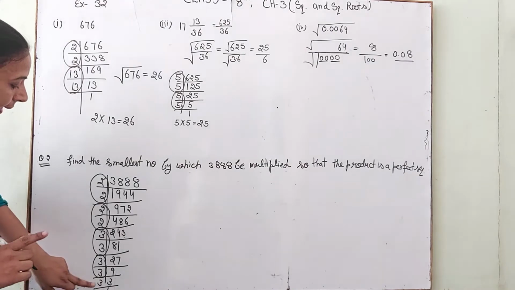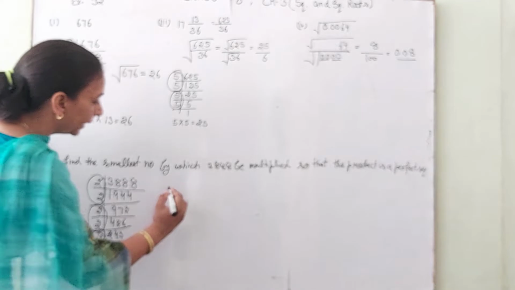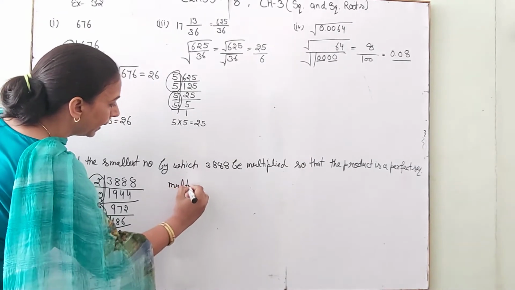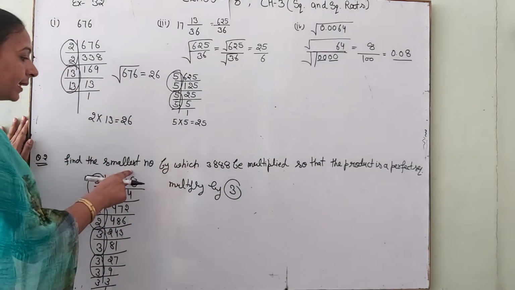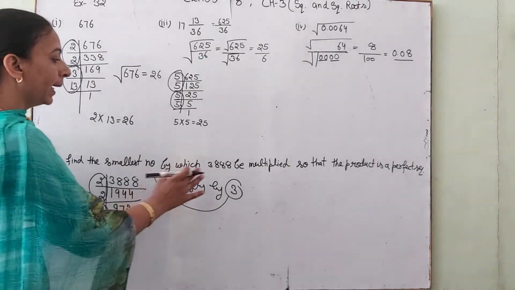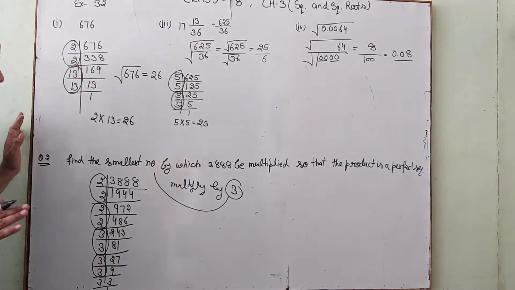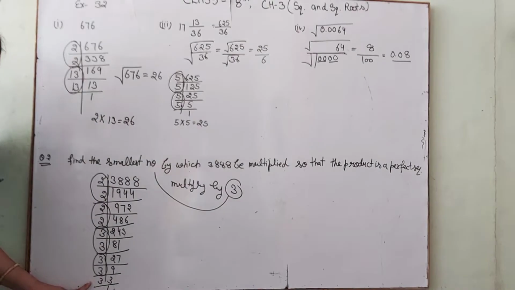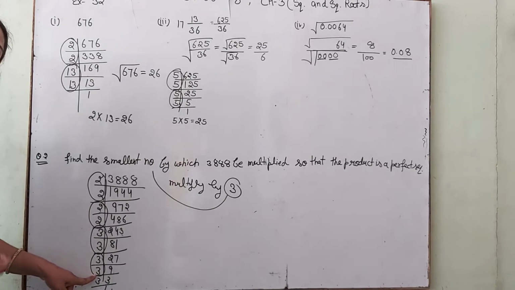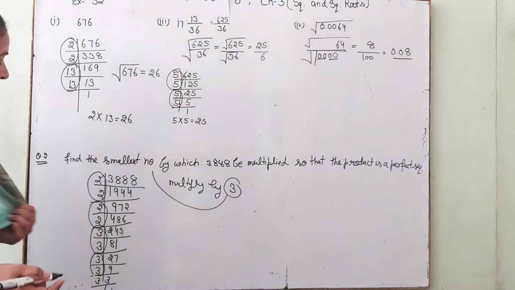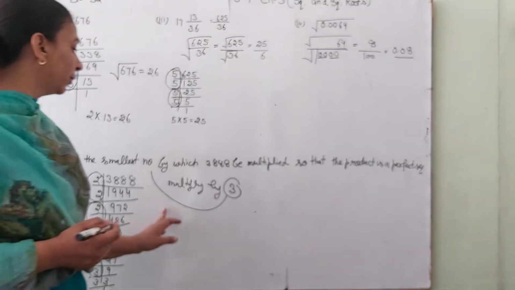So if we multiply by 3, the pair is complete. The smallest number is 3, so multiplying by it makes the resulting number a perfect square. If one 3 is left, we multiply by 3. If a 4 is left, we multiply by 4, so that we make a pair of those numbers.